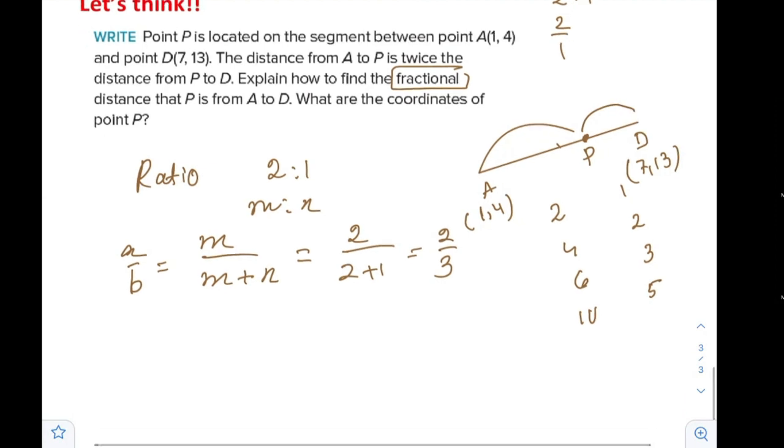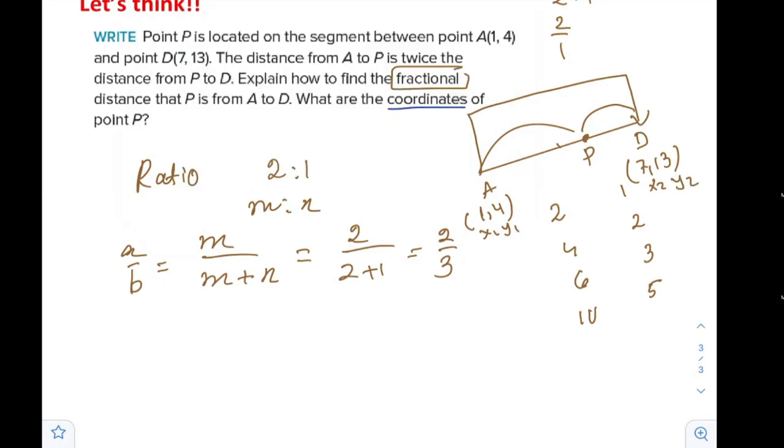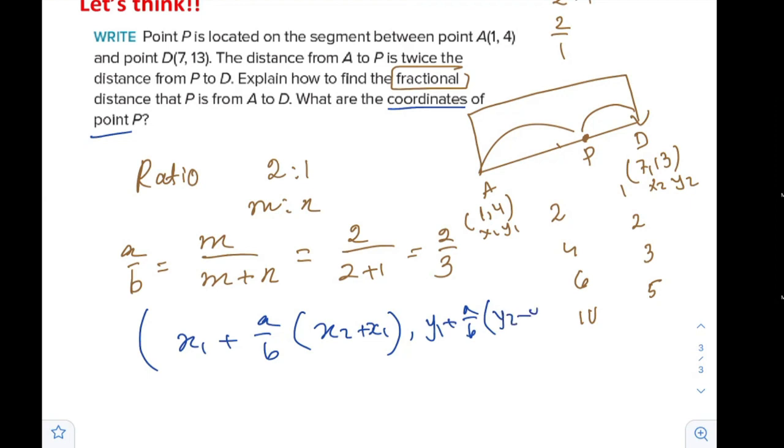We know that we are talking about the distance from A to D. So this will be x1, y1, and this will be x2, y2. And here we go. We can find the coordinate of point P by using the formula that we have used at the beginning of this lesson. y1 plus a over b, y2 minus y1.